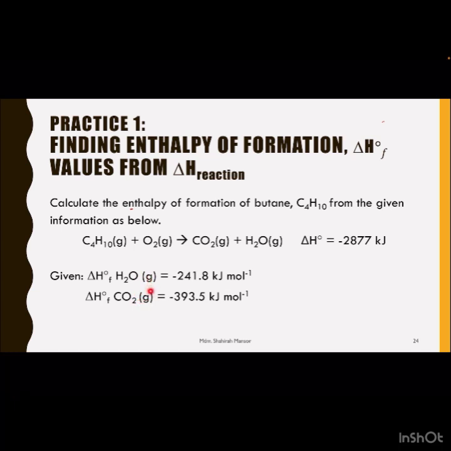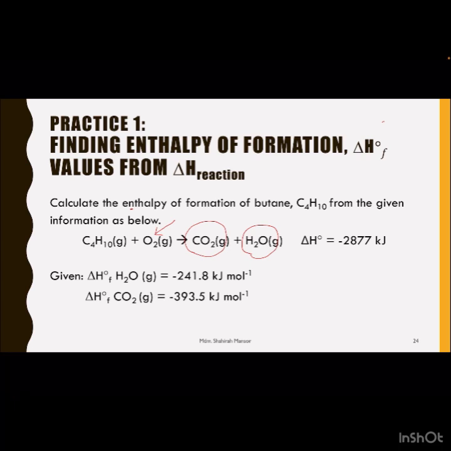So in this case, we just have enthalpy formation of water and carbon dioxide. Soalan did not give enthalpy formation for oxygen. So please bear in mind, since oxygen naturally exists as an element, the enthalpy formation value for oxygen will be 0.